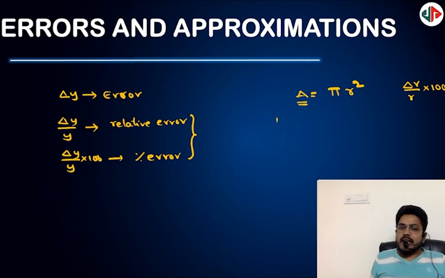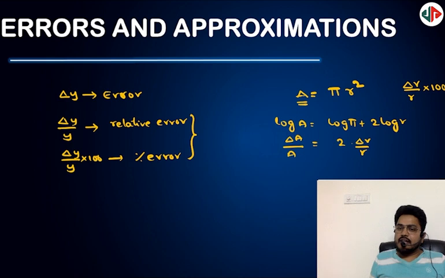So I'll go for log A is equal to log pi plus 2 log r. Now when you differentiate, delta A by A is equal to 2 into delta r by r. I knew this value. Just multiply with 100 on both sides, and you will be getting the percentage error.